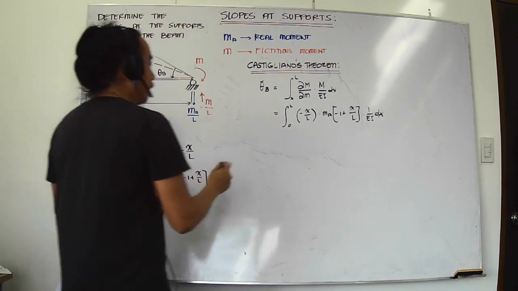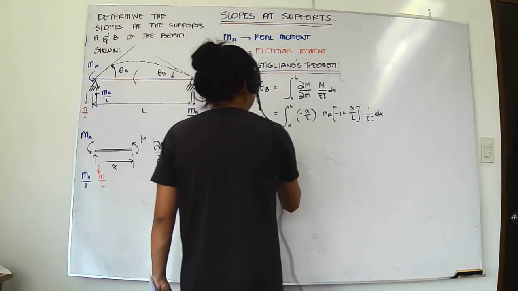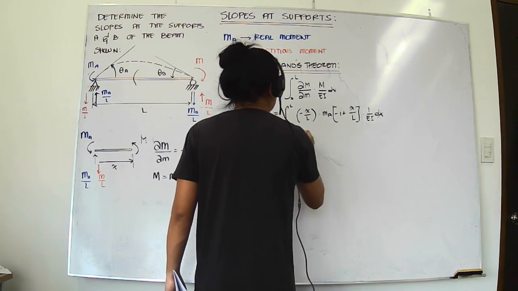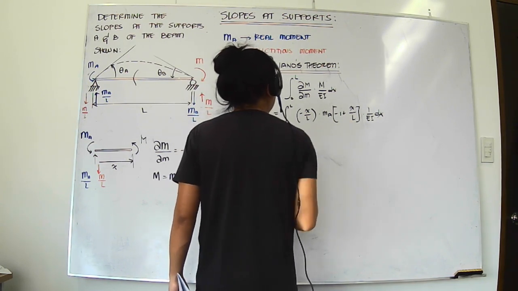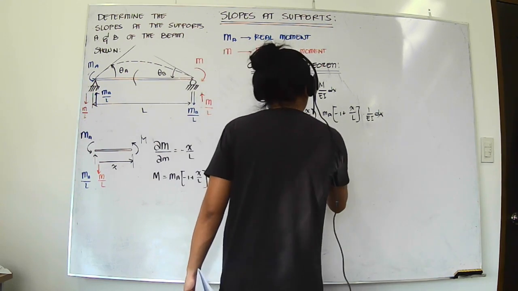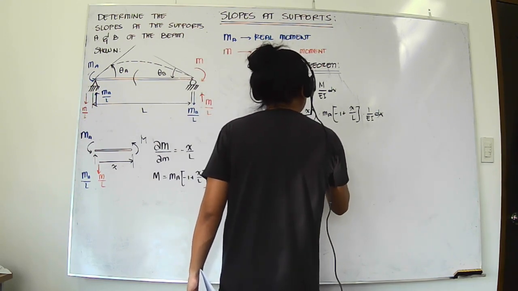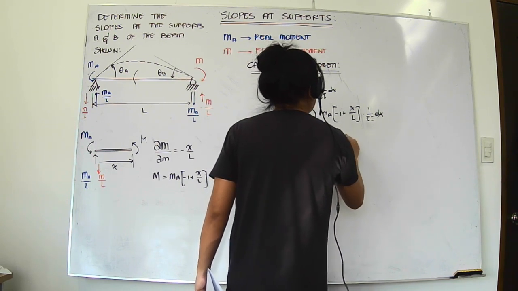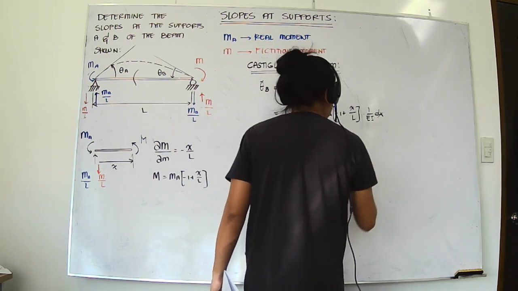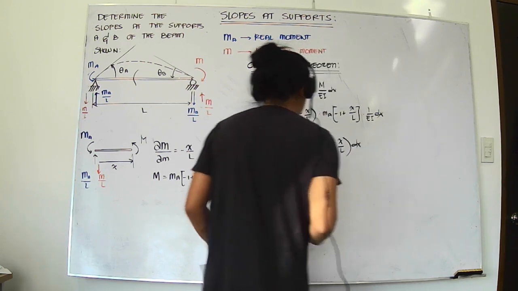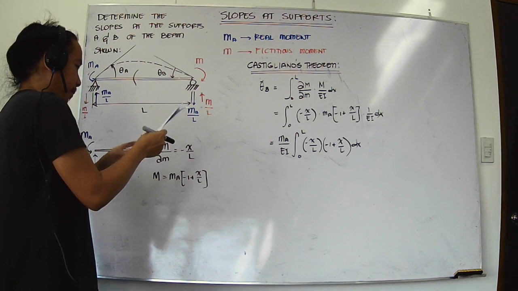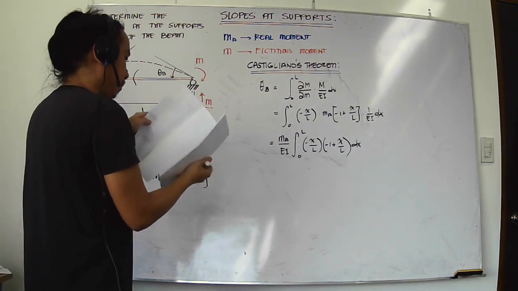I can easily factor out MA and EI, so MA over EI, and then the integral goes from 0 to L of negative X over L times negative 1 plus X over L dx.